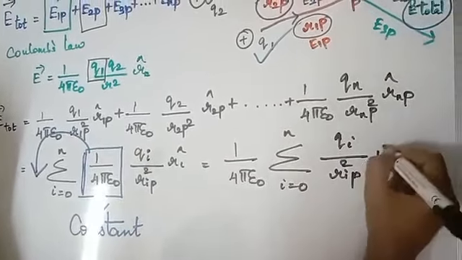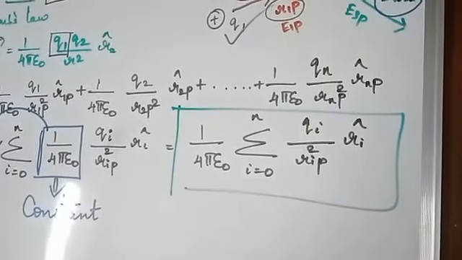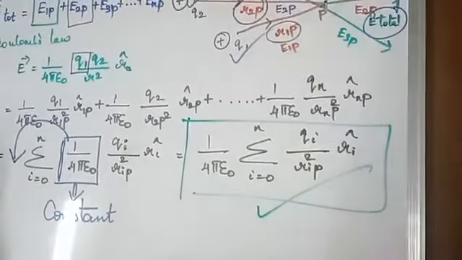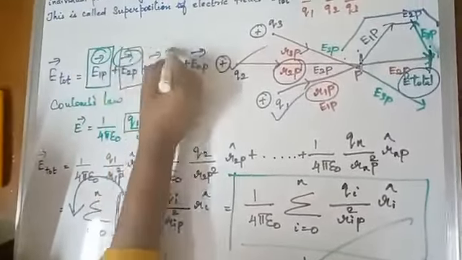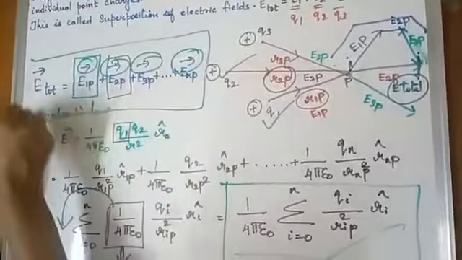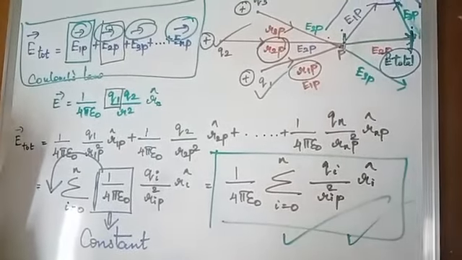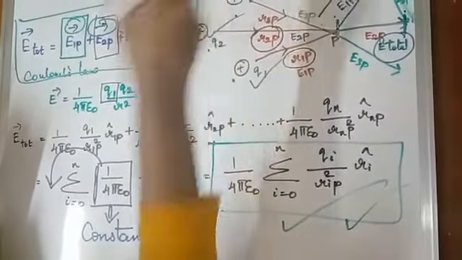So this is my total electric field due to the system of point charges, which is a vector sum, not a normal sum.